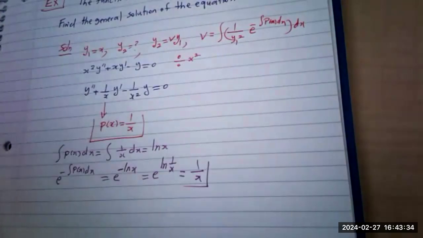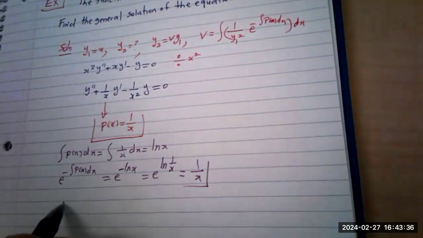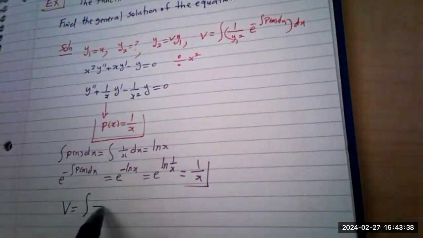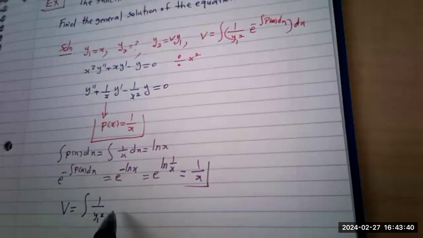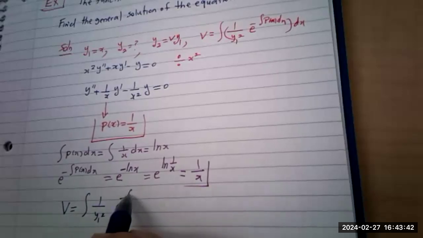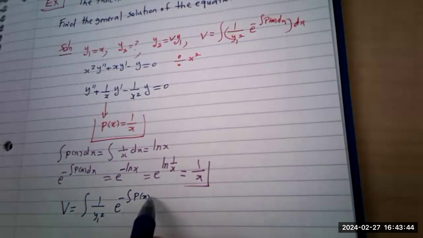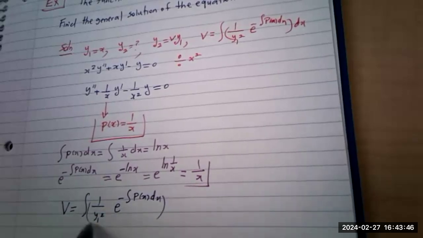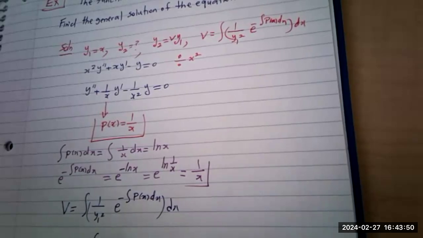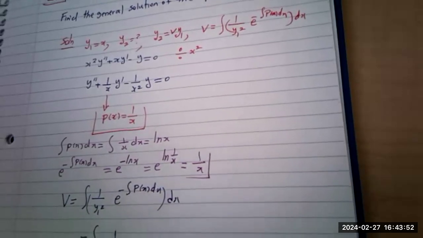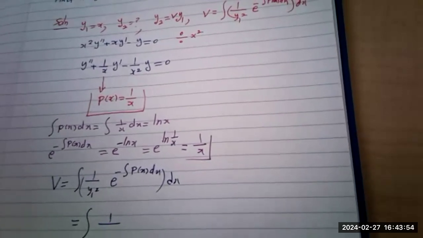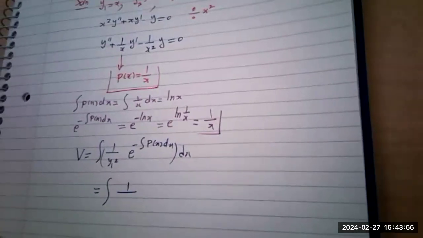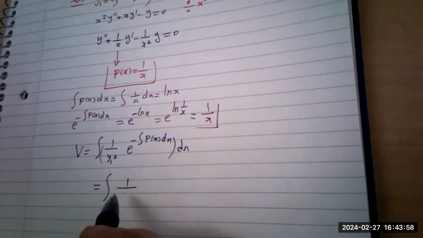I'll go back to v and substitute. v is the integral of 1 over y1 squared, e to the negative integral of p(x) dx, then everything dx. y1 is x, so y1 squared would be x squared.